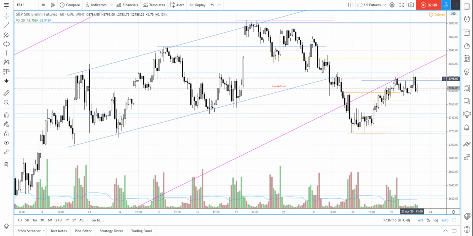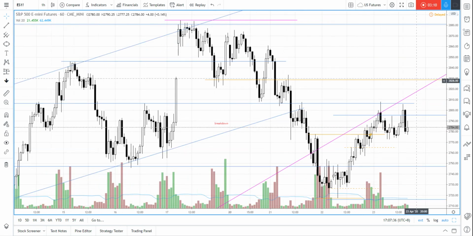So I would say that should the price break above the swing high 2806, then it could probably travel up to 2830, meaning to test the axis line together with this breakdown bar. So this is one of the possibilities as well.